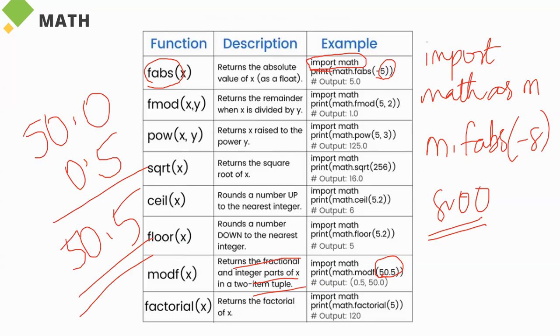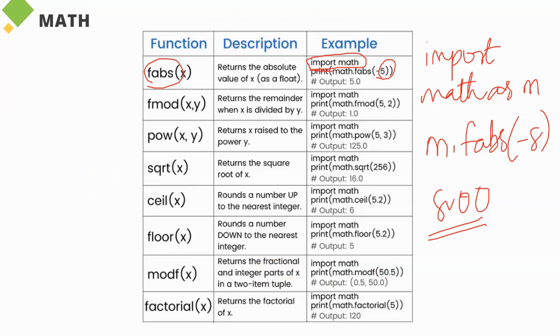Then factorial returns the factorial of a number. You no need to write an entire code block to find the factorial. You can just give factorial of 5 or factorial of 500, and it generates the number. So this is how the math module works.